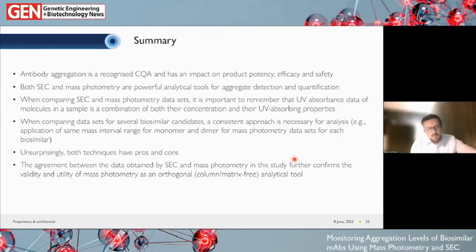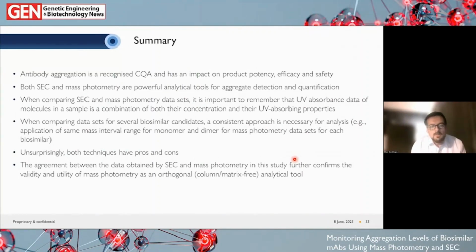It's also something that would be considered, although I haven't touched upon this, and I think there are a few more webinars coming up on the GEN platform in the near future that will look into this, but developability assessments, where aggregation propensity is something that would be looked at in the selection of an ideal antibody candidate early in the drug discovery and development process.